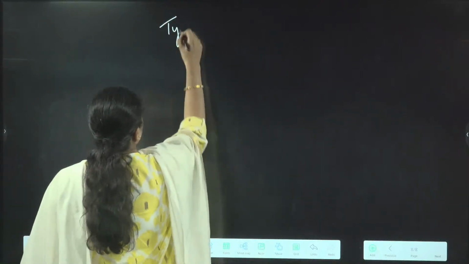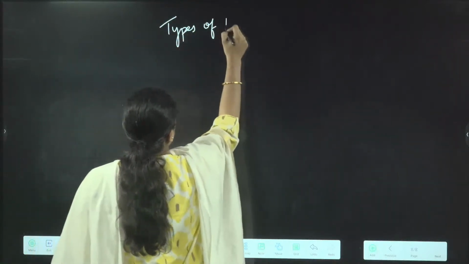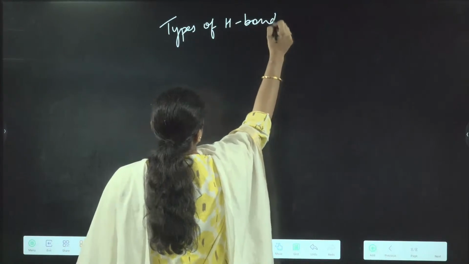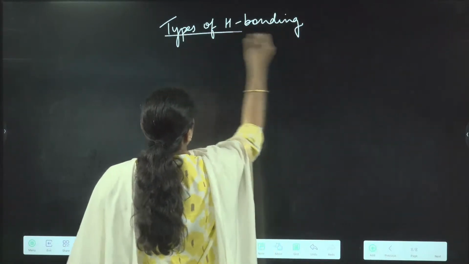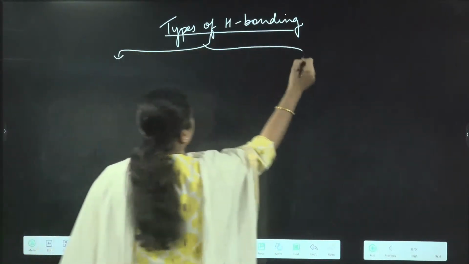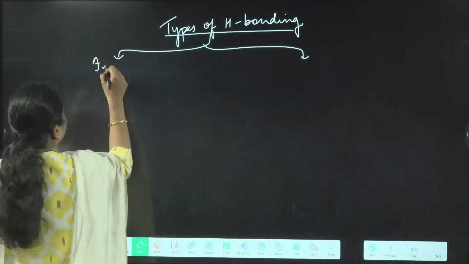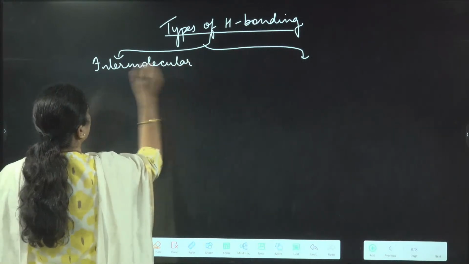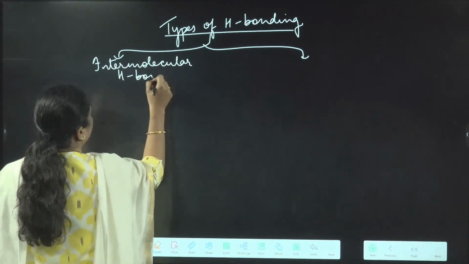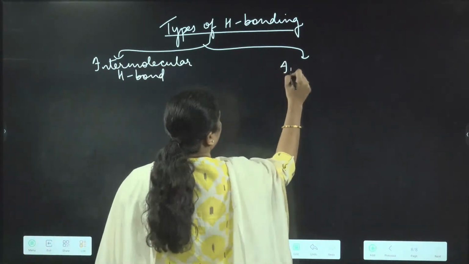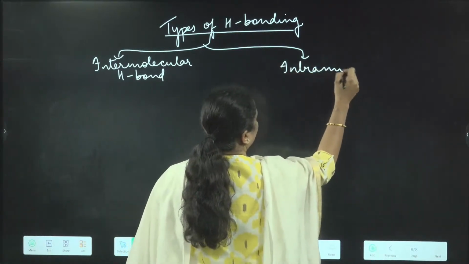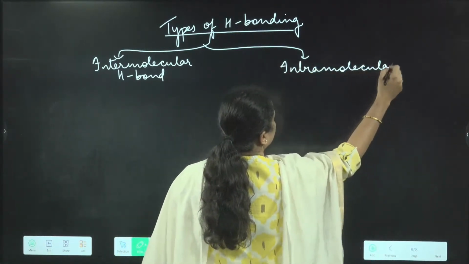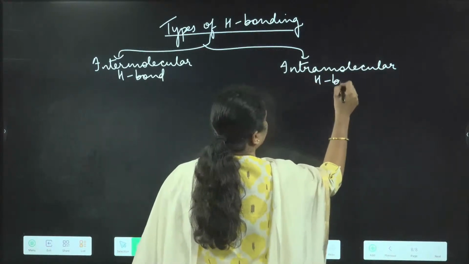Now let us see the types of hydrogen bonding. There you are going to have two types. One is intermolecular hydrogen bonding. Another one is intramolecular hydrogen bonding.